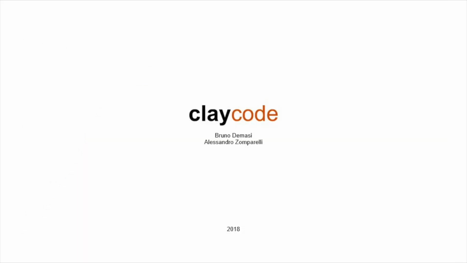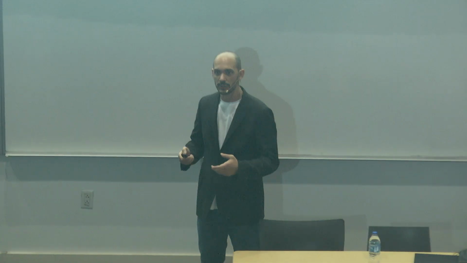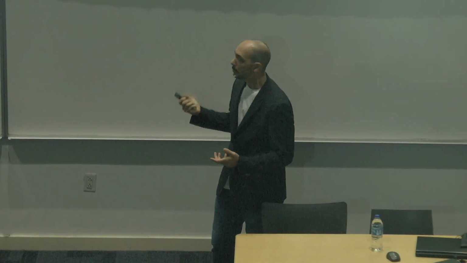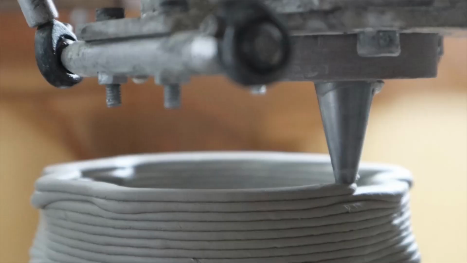Okay, so those projects that I show are working with a high level of complexity of geometry, which comes from the opportunity given by the 3D printing technology that we were using. In this case, I was doing the opposite. I was using a 3D printing technology which is extremely limiting, because when you print with clay, gravity has the biggest role of all.